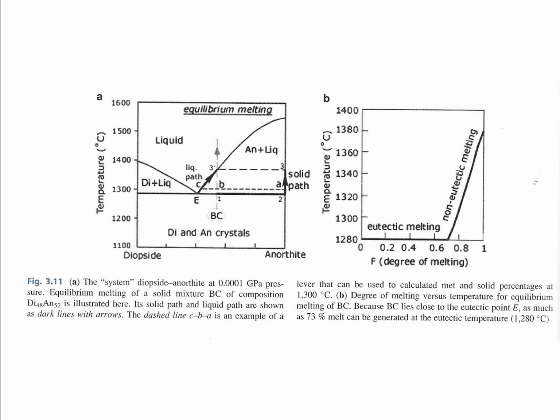Now we have a melt, and in this upper part we have melt, and out of this melt we are crystallizing a diopside and an anorthite.